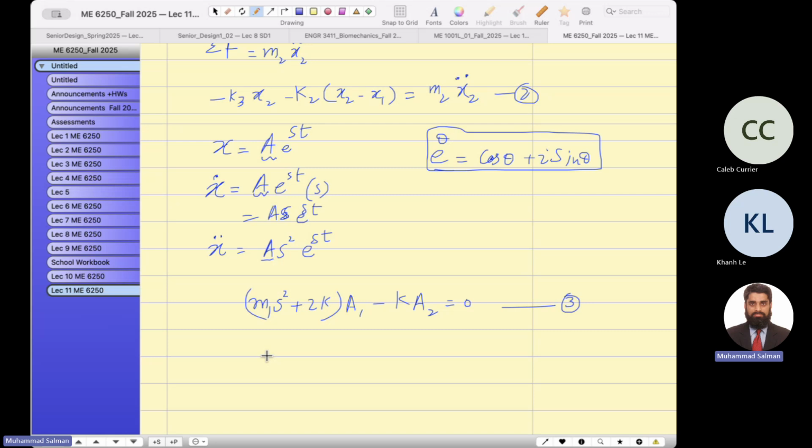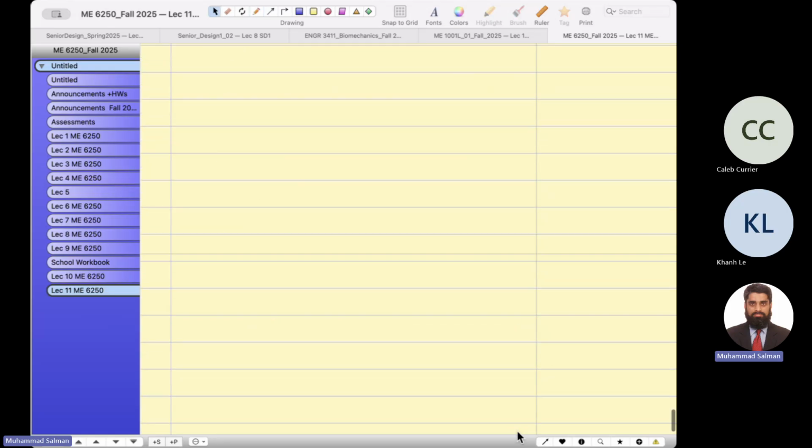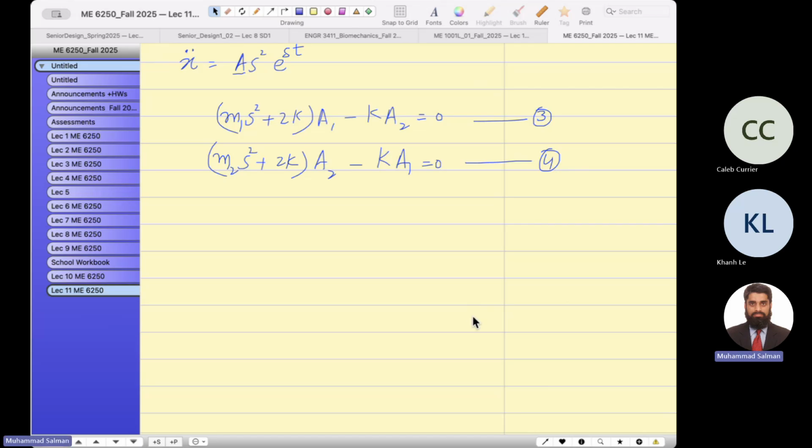For the second equation, you plug in, so m2 s squared plus 2k, and so on. Now you have to write these equations into a 2 by 2 matrix. Okay guys, let's plug it into a 2 by 2 matrix.